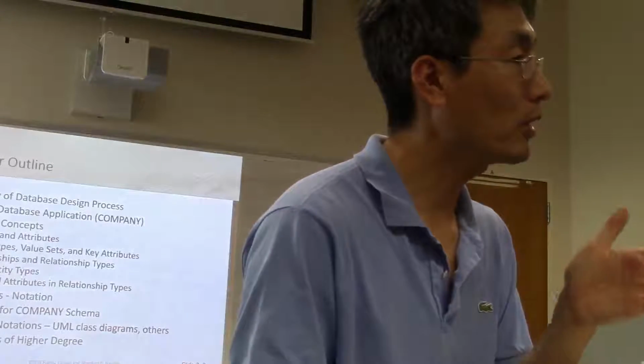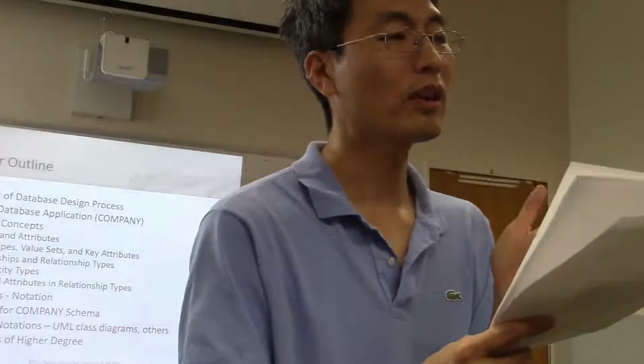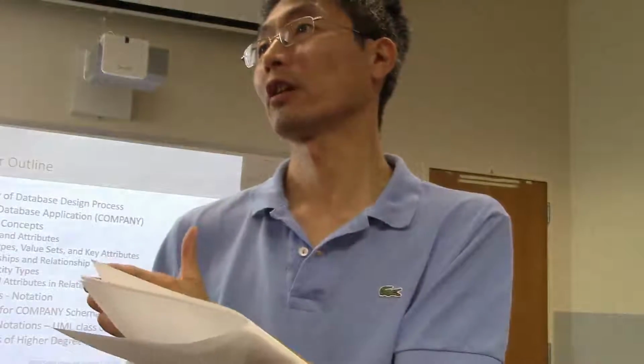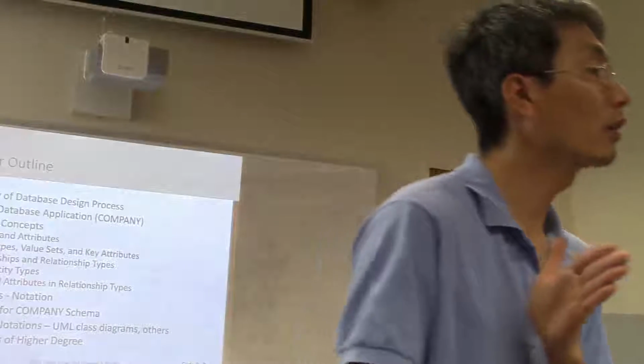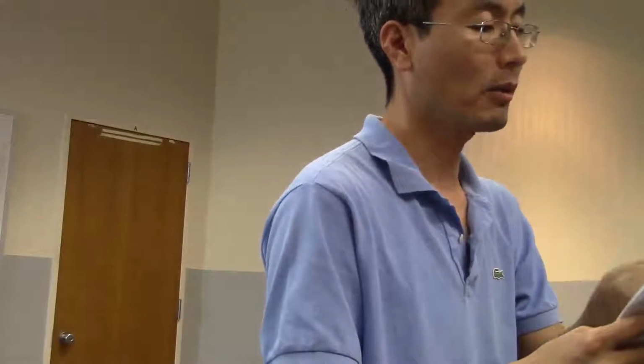Each department controls a number of projects, many projects. That's different. One employee manages one department. One department controls many projects. What about the next one? Works for. One employee works for one department. Usually we don't say one department, just a department, but it's clearly mentioned it's one department. What about many, what about several? Okay?